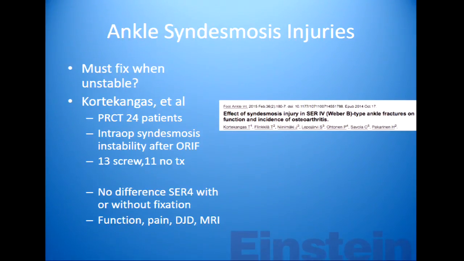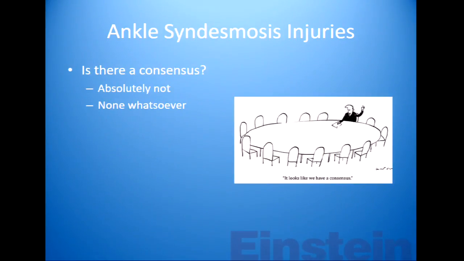And at follow-up, at 2 years, there was no difference in their outcomes. Functional, no pain difference, no difference in arthritis. They did MRIs on all of them and showed no chondral issues. So here was unstable syndesmosis shown in the operating room, no treatment, and no difference. So I guess the rock of Gibraltar has fallen.